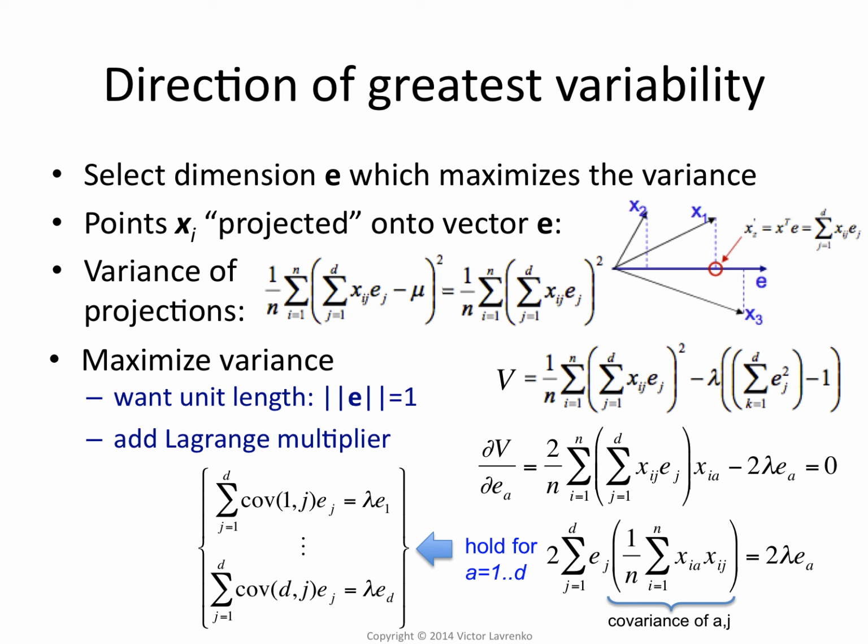It's the covariances of the first attribute with all other attributes. That's my first equation. The second equation is going to be the covariance of the second attribute with all other attributes multiplied by the vector E, and all the way down to D.